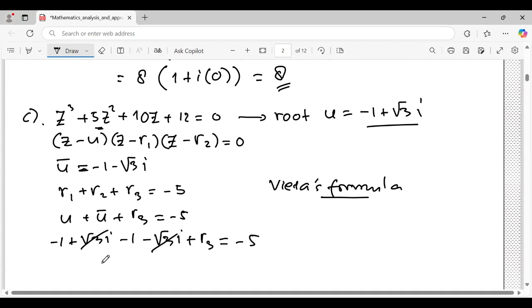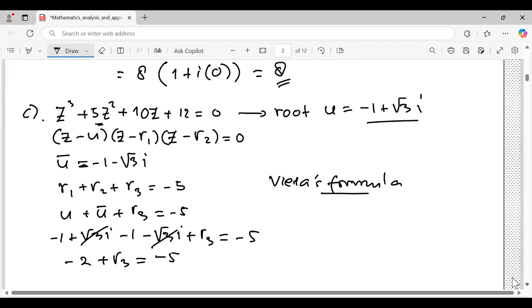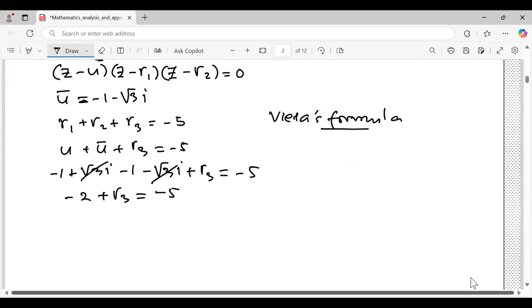So it is -1 -1 = -2 plus r third equals -5. So the third root is -5 plus 2 equals -3. This is the third root.